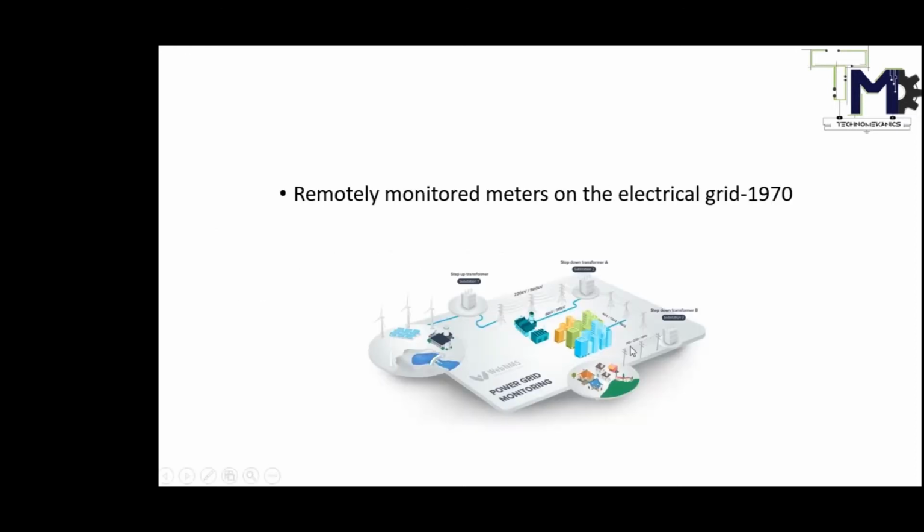This is the remotely monitored meter of an electric grid. The concept used in 1970 is that on one side you can see there are solar panels and windmills. The energy generated from here goes to substation one, which uses a step-up transformer.